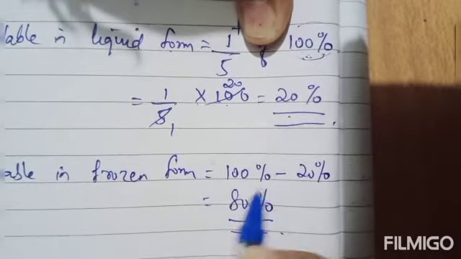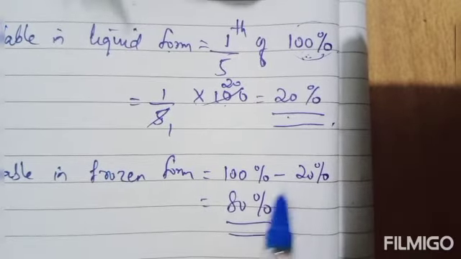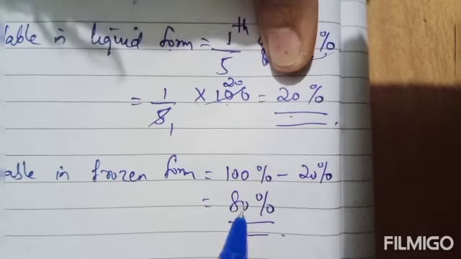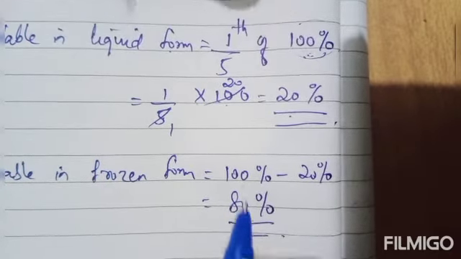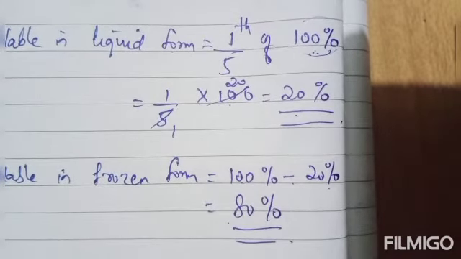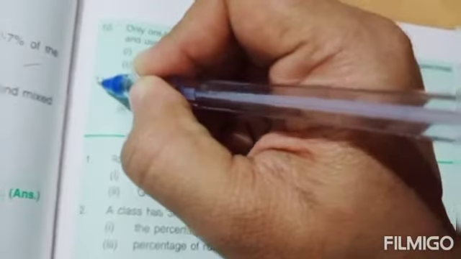Out of this 100%, 20% is available in liquid form. So the water available in frozen form, in percentage, you can write 100% minus 20%, it is 80%.